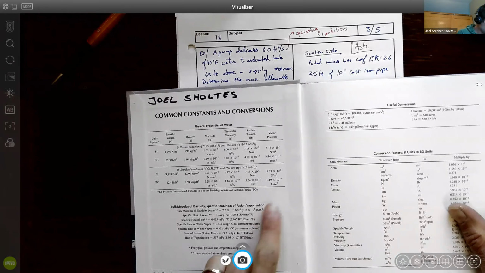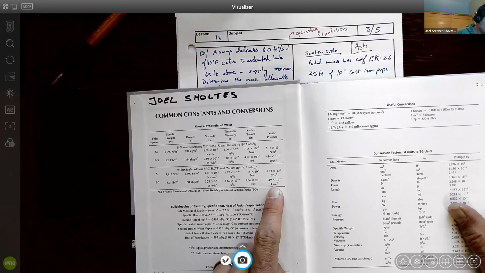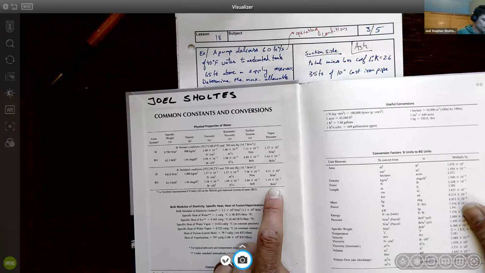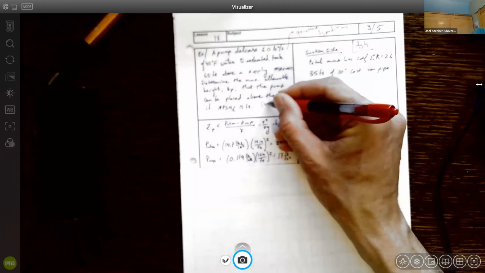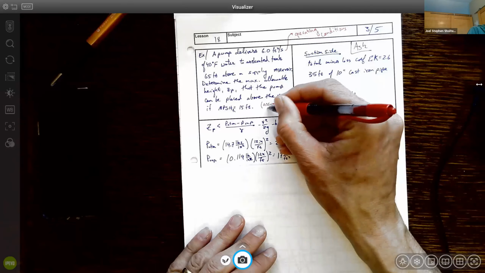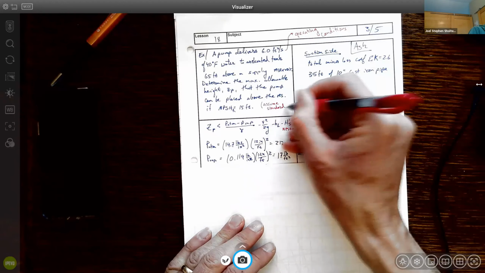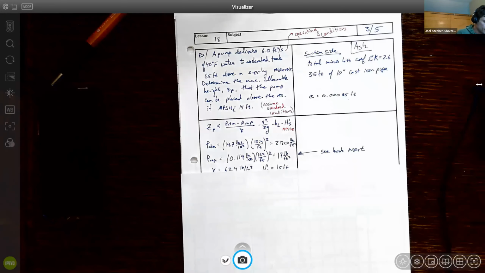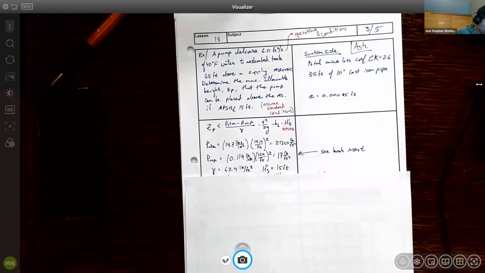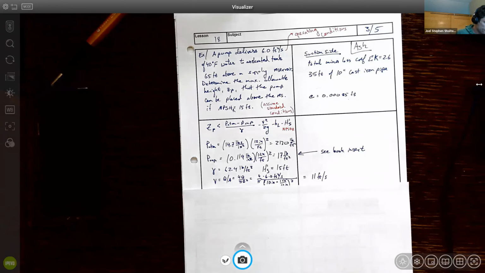So our vapor pressure, standard conditions, is 1.19 times 10 to the negative 1 pounds per inch squared. I'll just write assume standard conditions. Okay, so we convert that to pounds per foot squared. Here's our gamma, 62.4 pounds per foot cubed. And they said the net positive suction head required, or H prime S, is 15 feet under those operating conditions.